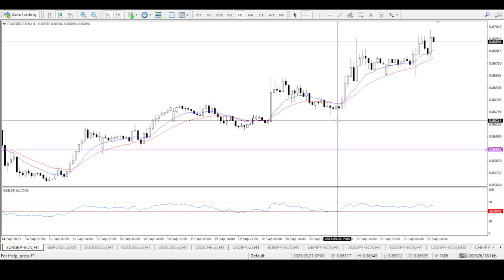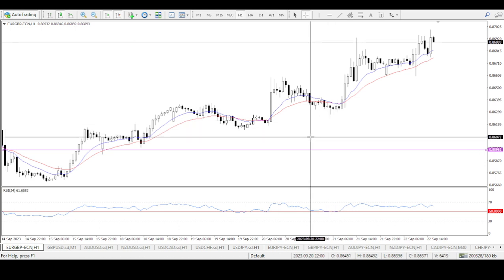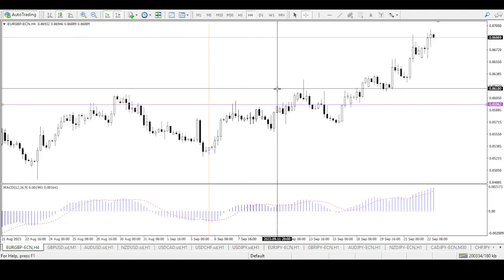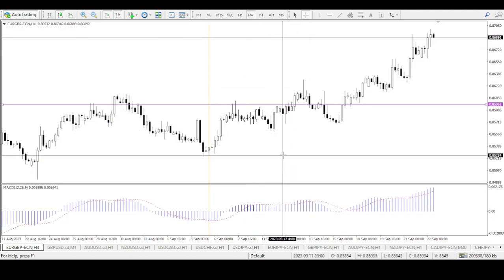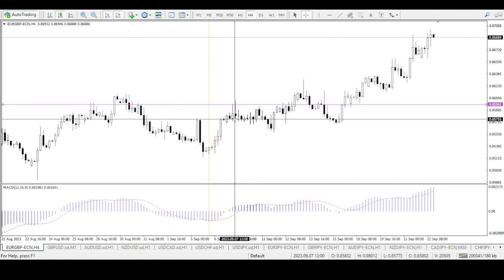So it looks like I shouldn't rely on any indication given by 1 hour candle, which is why I'm going to go to 4 hour time frame and see whether these candles are effective enough or not. So let's look at the 4 hour candle. Here we go. We have got a shooting star which actually was effective enough to move the price to the downside for almost 13 into 4.